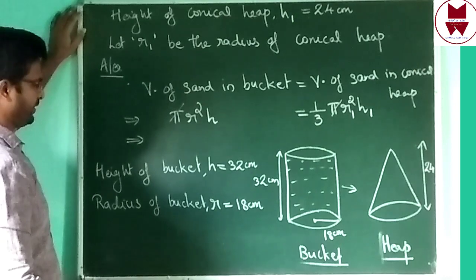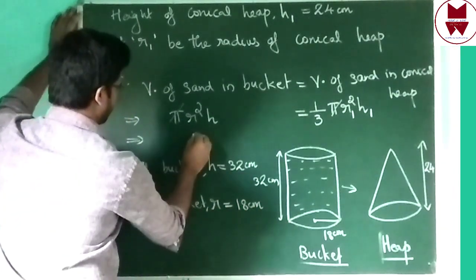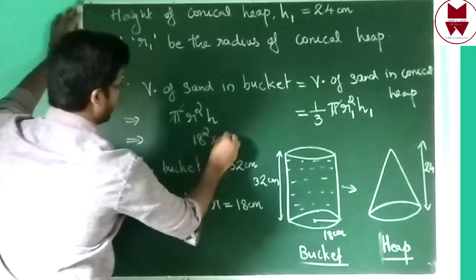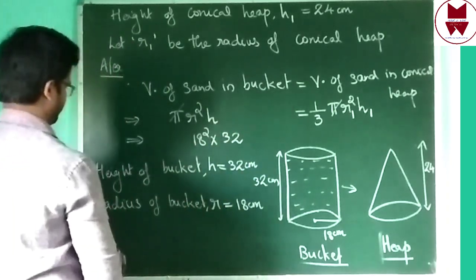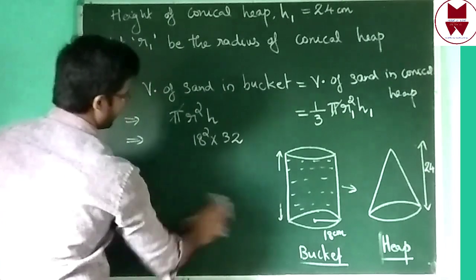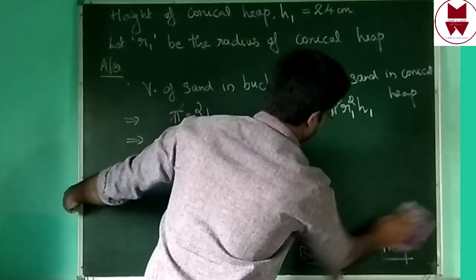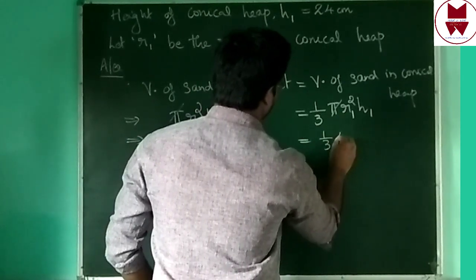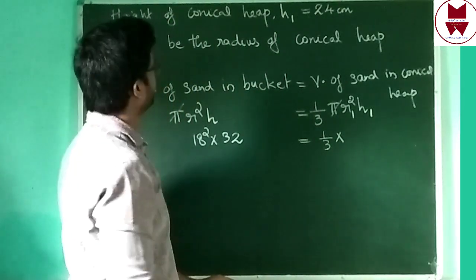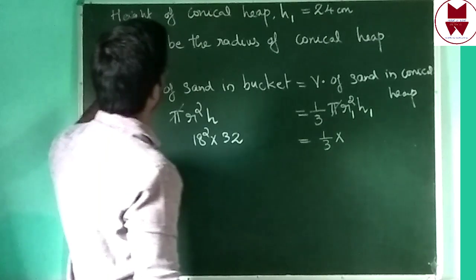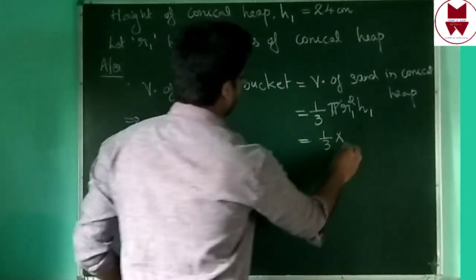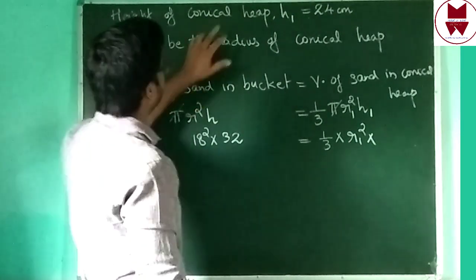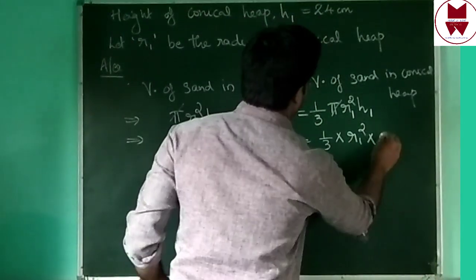Radius is 18 square into h, 32, equal to 1/3 into r1 square, the radius of the conical heap, which is not given, into h1, the height of the conical heap, 24.